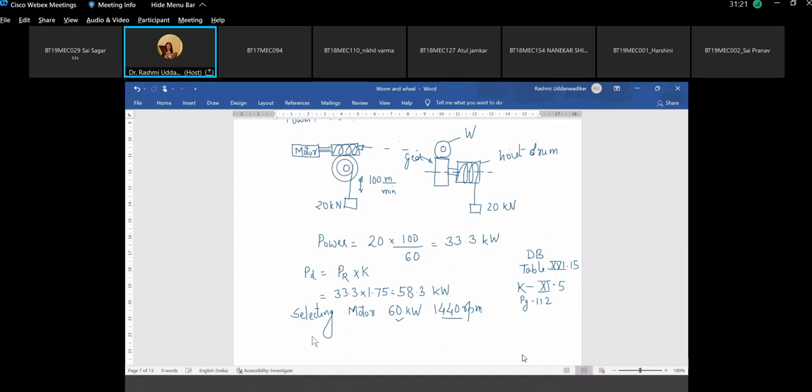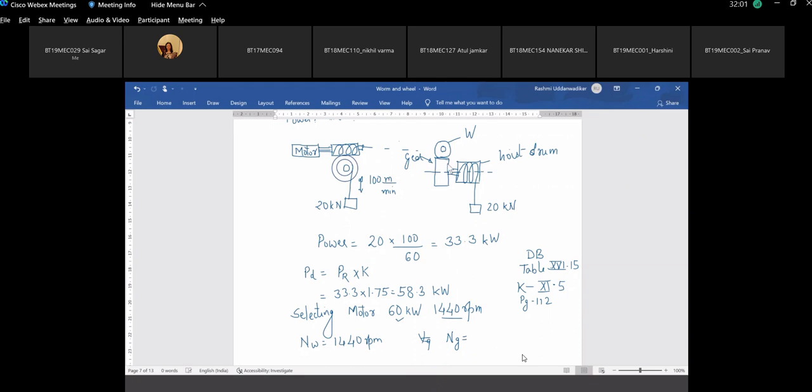So what is the speed of the worm given as? Worm is mounted on the motor shaft. So what is the speed of the worm? What is the speed of the shaft which is carrying the worm? 1440. And what is the velocity of the gear? Ng.